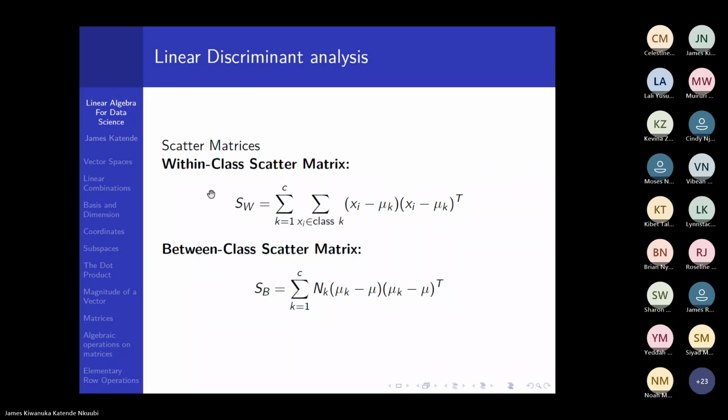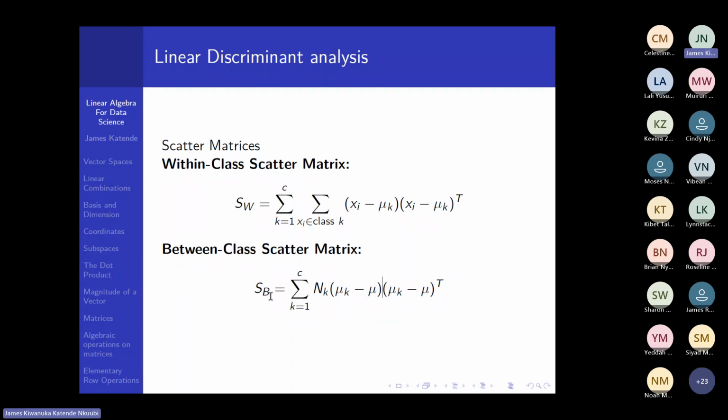So this is how you compute the within cluster matrix if you have C classes. C here counts the number of classes. In the previous example, we had only 2 classes. So this gives you the formula for computing the within cluster matrix. It's just a covariance matrix. And then this is a between cluster covariance matrix.